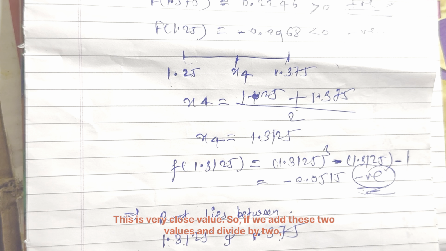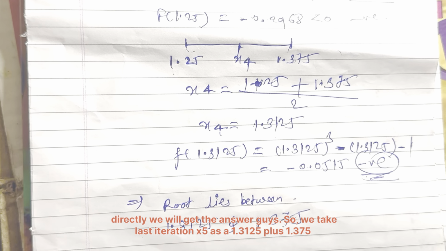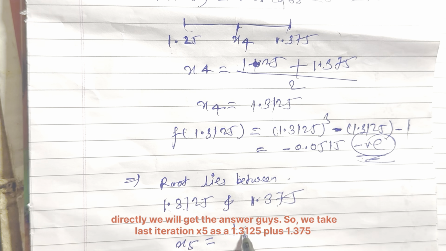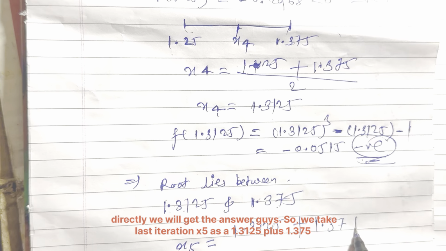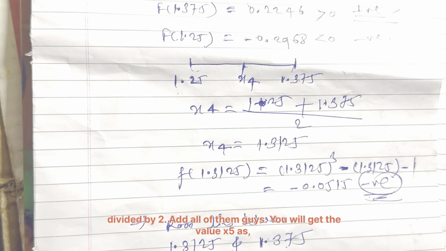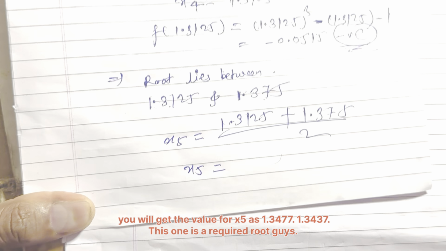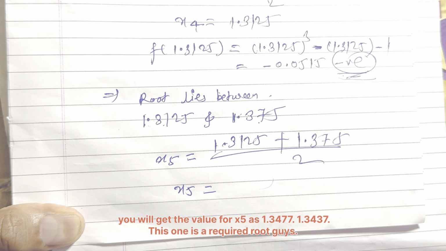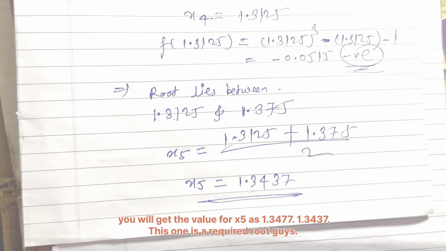So if we add these two values and divide by 2, directly you will get the answer, guys. So we take the last iteration x5 as (1.3125 plus 1.375) divided by 2. Add all of them and you will get the value for x5 as 1.3437. This one is our required root, guys.